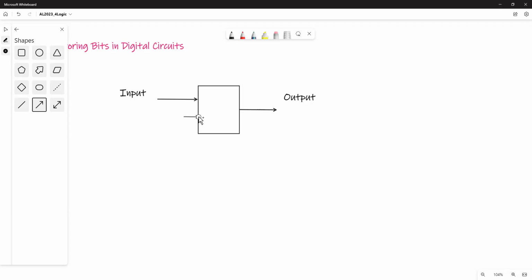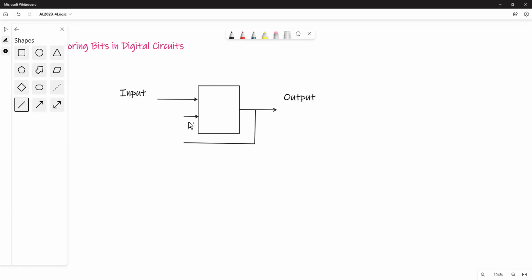Now, let's say we have a second input, but remember this second input comes from here. So you will take from here and then connect it as the input.